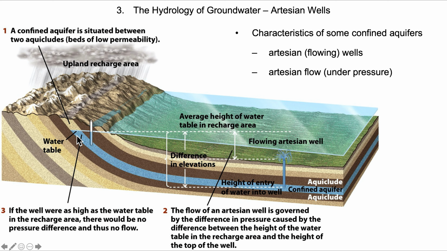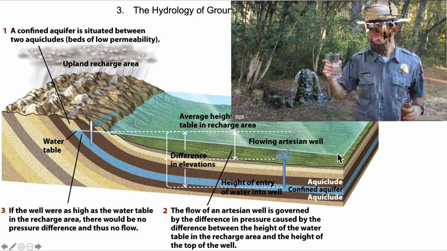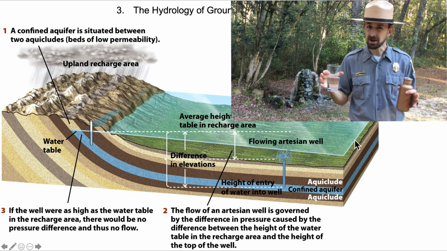Now, the height of this aquifer is going to determine the hydrostatic head, the difference in elevation between the water at its highest point and the water where we're going to tap into it. So you can see here there's a significant difference in elevation between the top of the water table and the point at which we puncture it here, resulting in an artesian well, one that flows or sprays water out of the ground on its own.